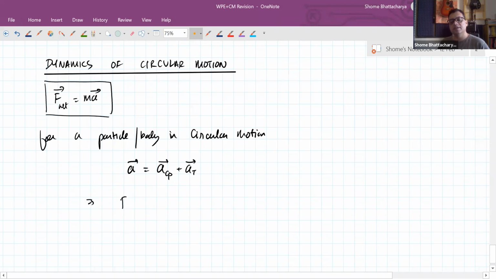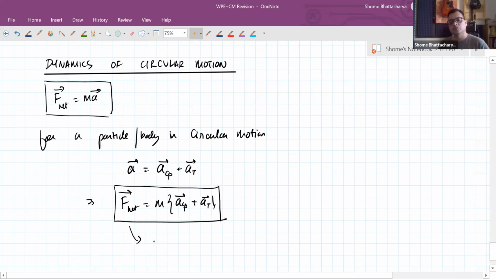So what we do is the net force is also accordingly broken into components. So the net force acting on it has a centripetal component, which we can say is that centripetal force is equal to mass into centripetal acceleration.